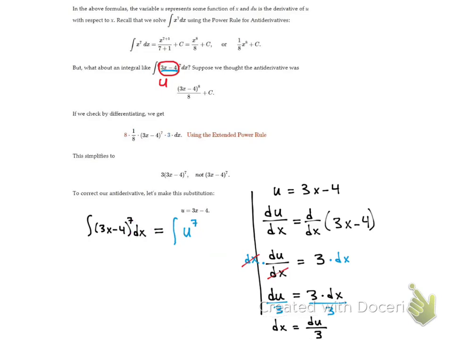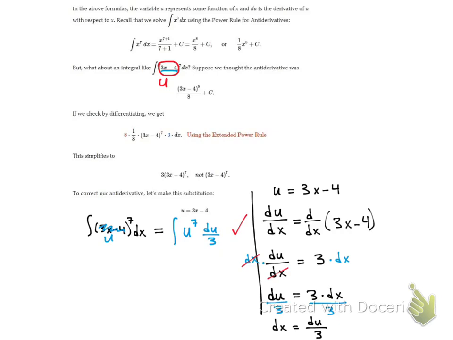So let's plug in the value of dx here in our integration. So I have this integration equals the integration of u to the 7th, just plugging in u for 3x minus 4. And now dx, I know that equals du divided by 3. So I replace dx with du divided by 3. So now I know that this equation is true.